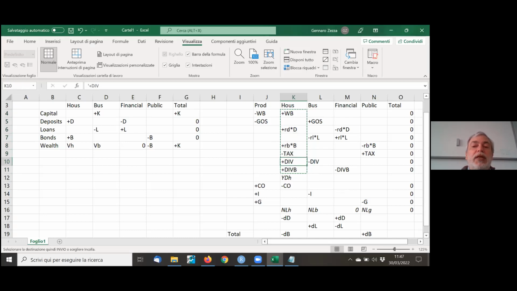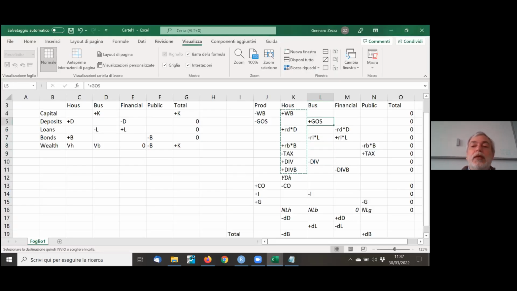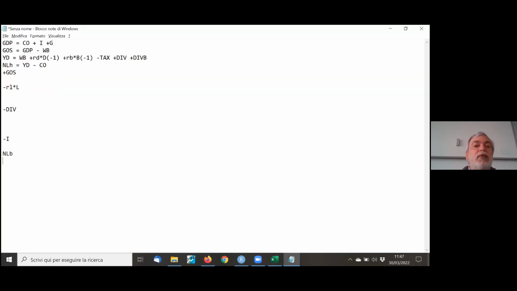And then we have the net lending of households given by disposable income less consumption. The net lending of business will come from here. So the NL of business would be the surplus, the operating surplus less what they pay on their loans, less the dividends, less investment.